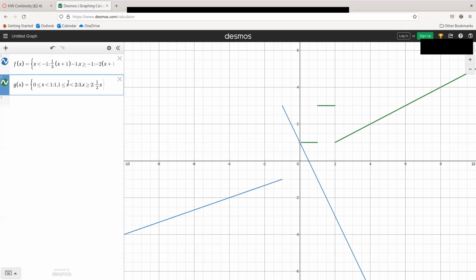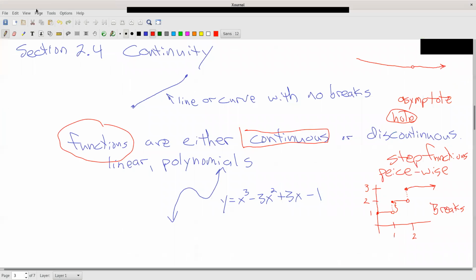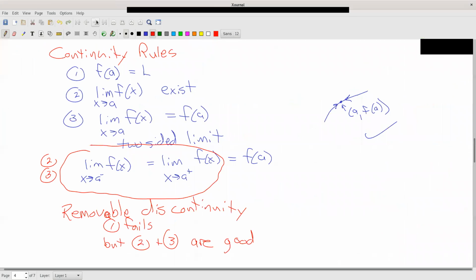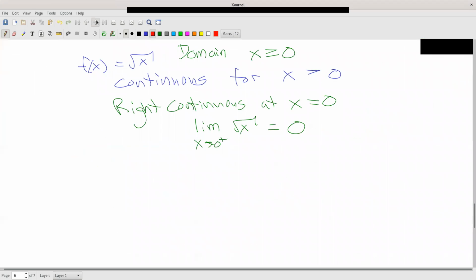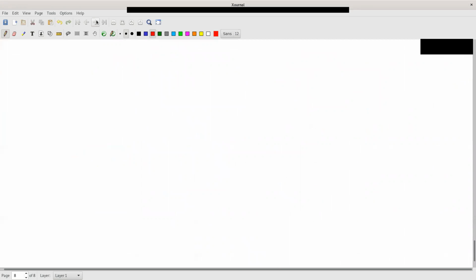You can keep making pieces as long as you want, and it's always the group of x values you want, and then the function value for that. If I wrote that down in my notebook, that function g of x would look like this. I'm going to make a pretty tall curly bracket because I have 3 pieces to define.